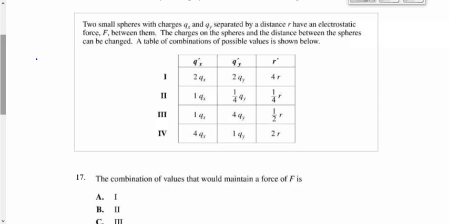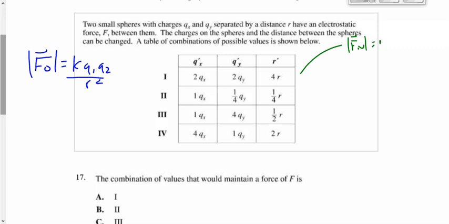Let's say my original force is K Q1 Q2 over R squared. Let's try the first one. My new force then would be K times 2Q1 times 2Q2 over (2R) squared.